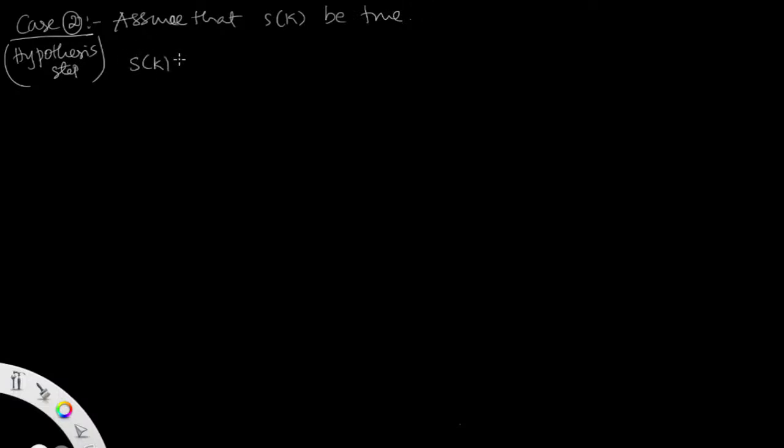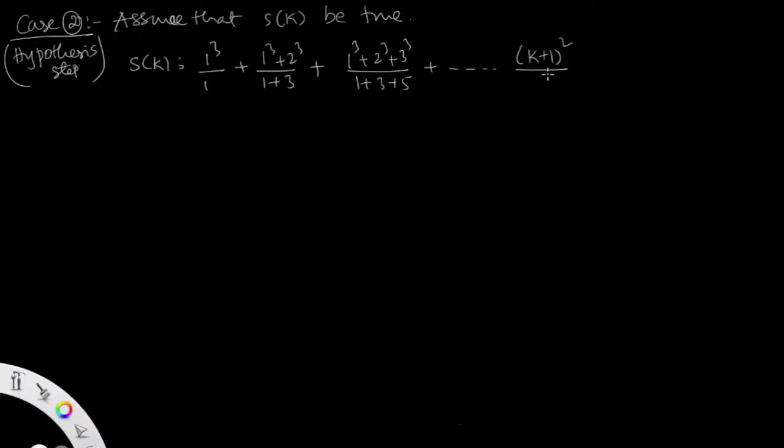Therefore, S of k is such that 1 cube by 1, plus 1 cube plus 2 cube by 1 plus 3, plus 1 cube plus 2 cube plus 3 cube by 1 plus 3 plus 5, till, in the place of n, we write k plus 1 whole square by 4, which is equal to k by 24 into 2k square plus 9k plus 13.